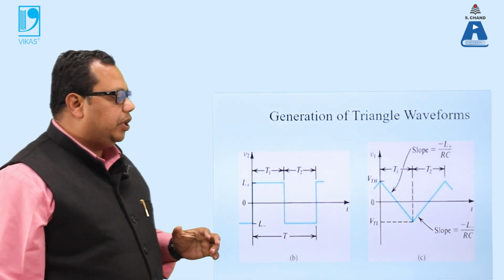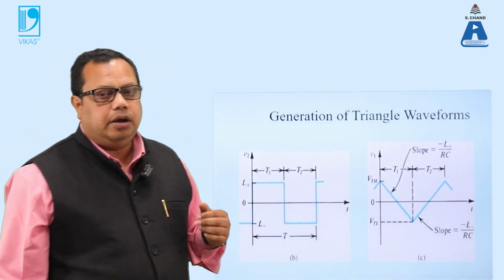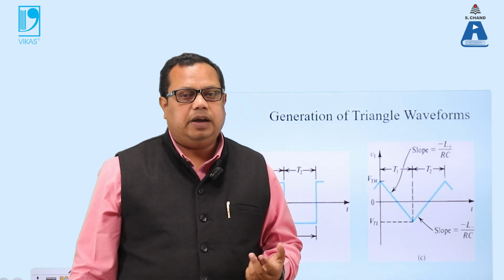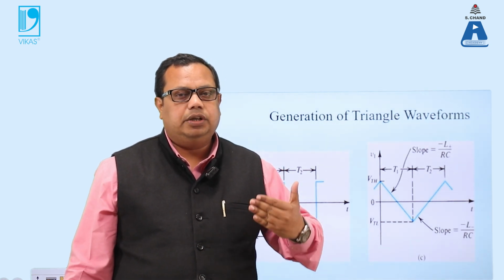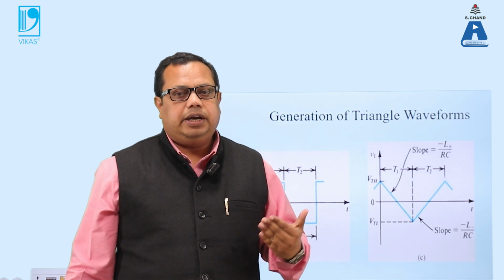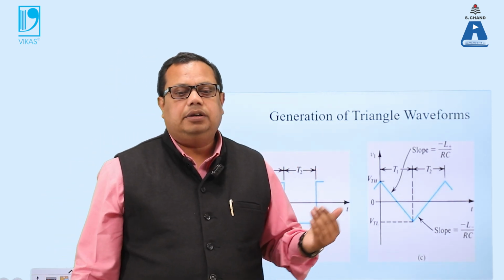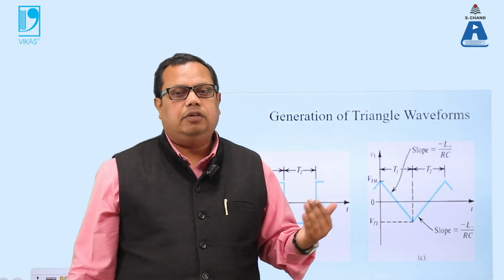So connecting the particular op-amp in the output with a bridge, we are making it a multivibrator. Connecting that with the particular RC circuit, we are getting the particular square wave also, and we are getting the particular triangular wave also.